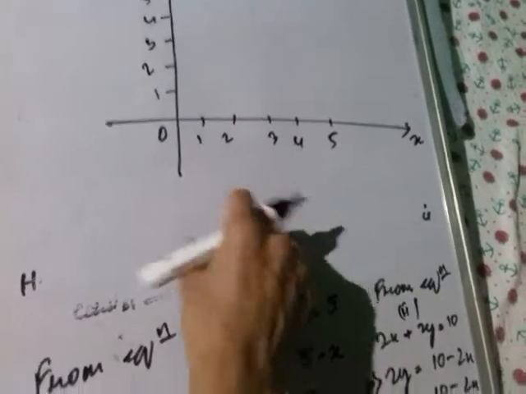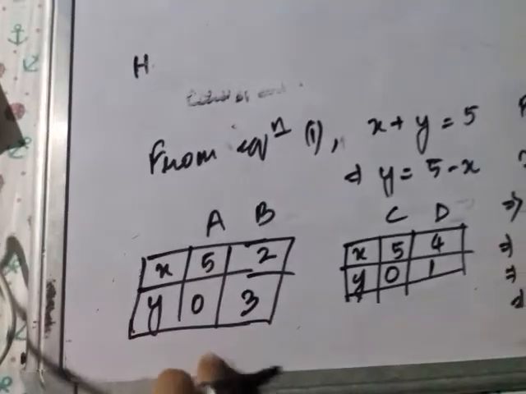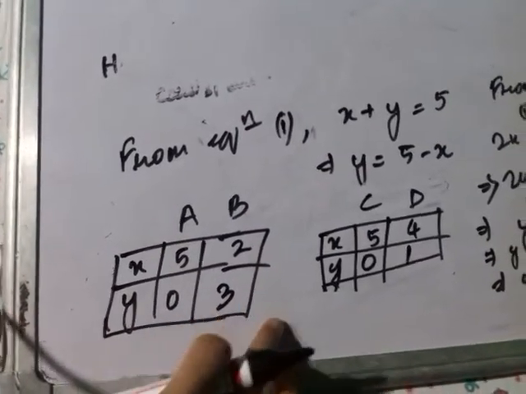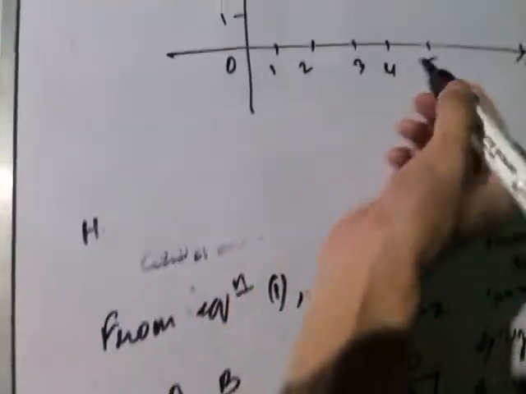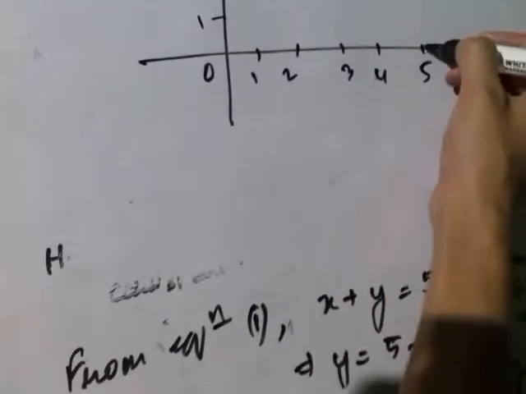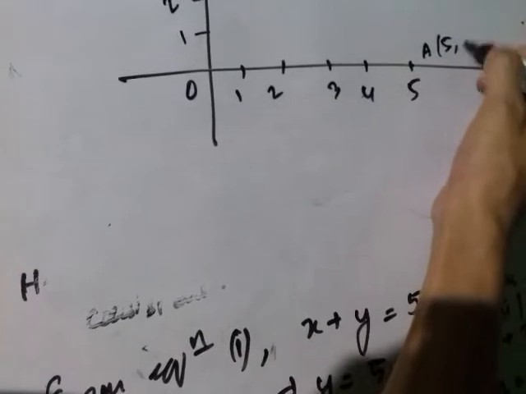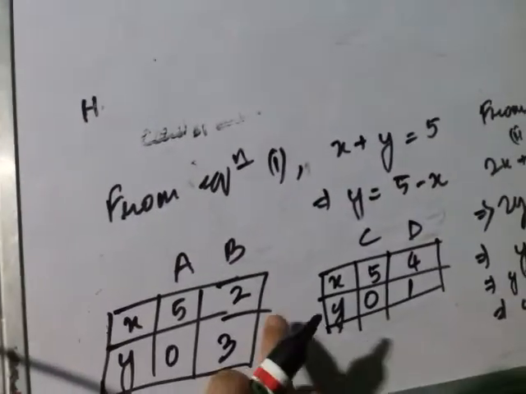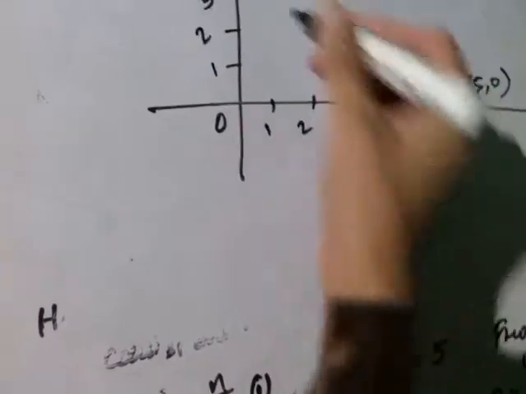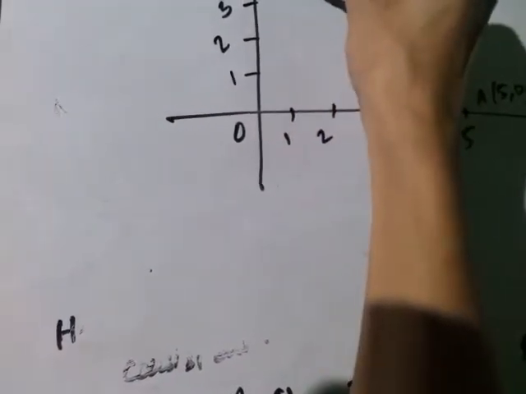Okay, so here, for this equation 1, if x is 5, then y will be 0. So this will be a, na, a (5, 0). And next, if x will be 2, y will be 3. That means it will be here.